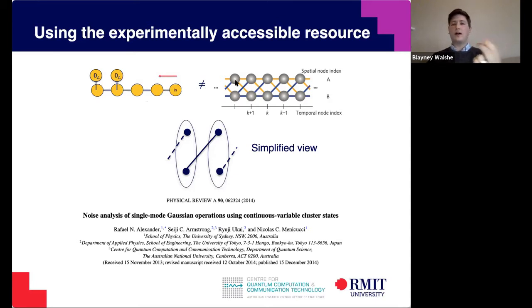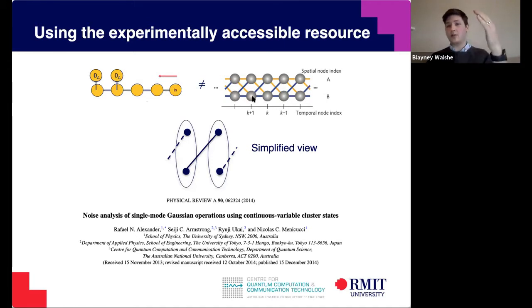And one idea was to measure each of the top nodes in position, and a position measurement on a node like that deletes the node and all of its connections. So that would reduce this whole thing down to just this one wire at the bottom, which is much more similar to this.